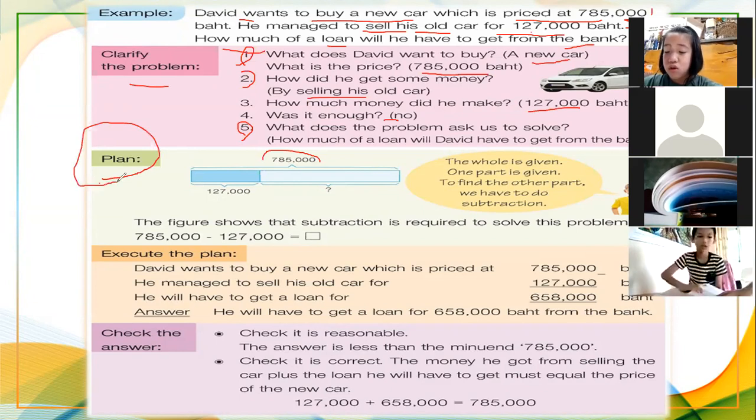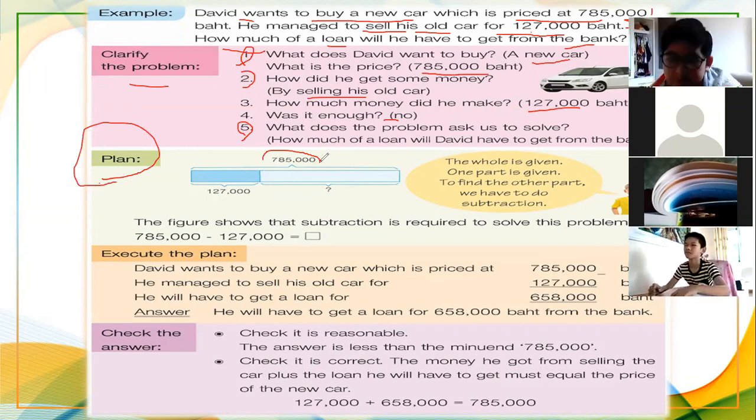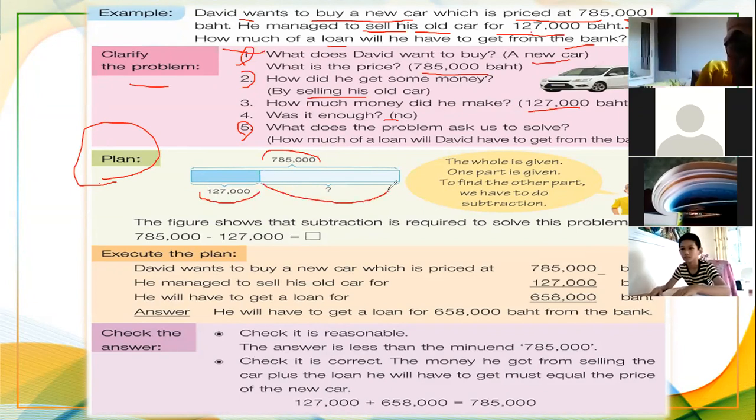Now we should have a plan. So the plan here is the new car costs 785,000. He has money, 127,000 baht. Now the remaining he has to loan from the bank. We have to find it. So now what do we have to do? First, figure out the operation.